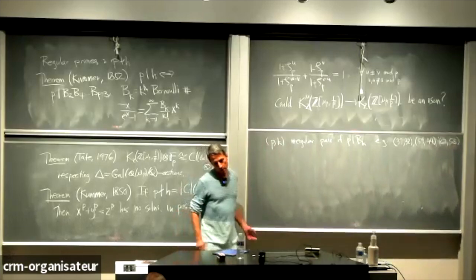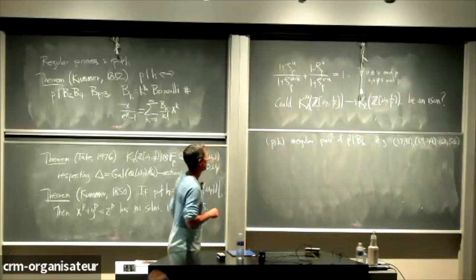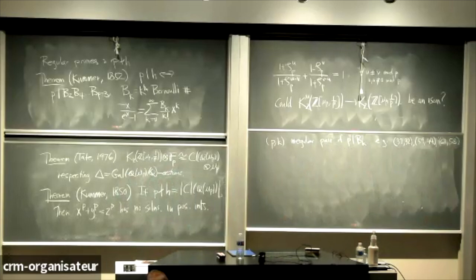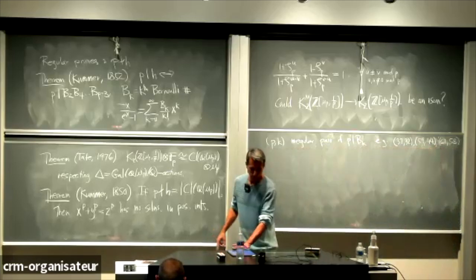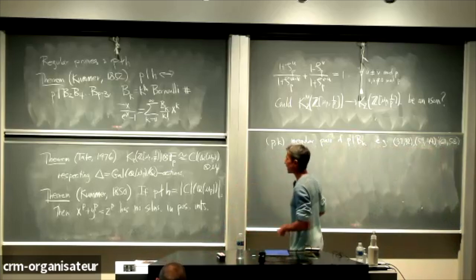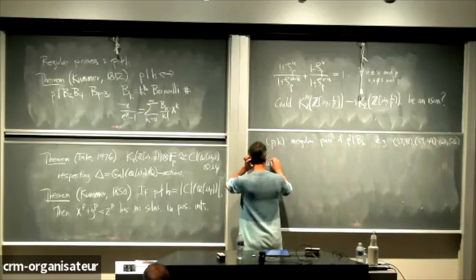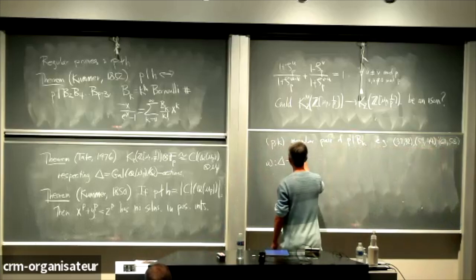You could ask, well, okay, maybe we could ask a different question. You could ask, what does the divisibility of a single Bernoulli number by p tell you? And it tells you about some piece of the Sylow p-subgroup of this class group being non-trivial. So here, just to be a little technical, Delta was the Galois group of Q(ζ_p) over Q. It's completely determined by what it does to a p-th root of unity.